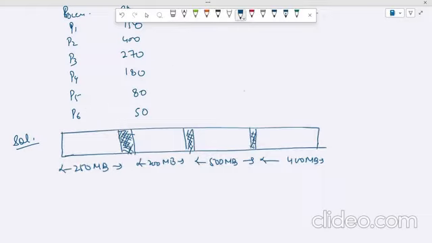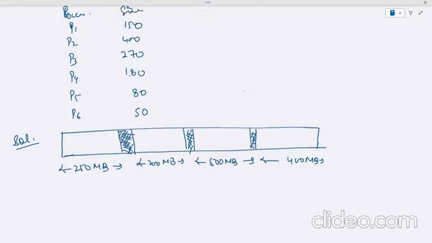We have process P1, and the process which comes first will get the space. P1 needs 150 MB of space, and we start from the starting point. We have 200 MB of space, so definitely P1 occupies this, and the space left is 100 MB.